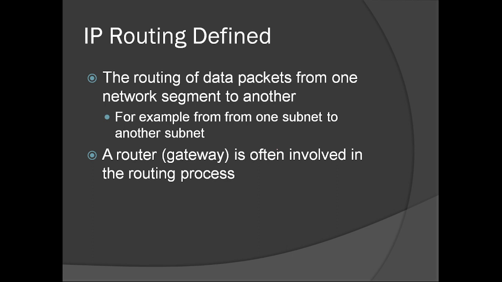Okay, and a router or a gateway is often involved in the routing process. Usually the configuration of your computer includes the IP address, subnet mask, and default gateway, and the default gateway is your router's IP.